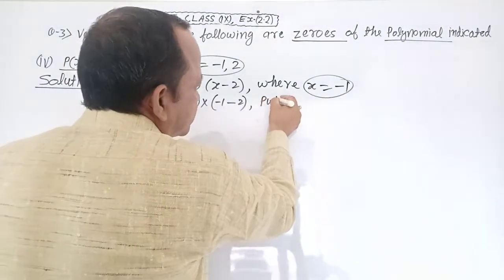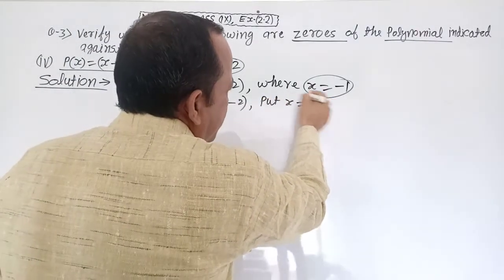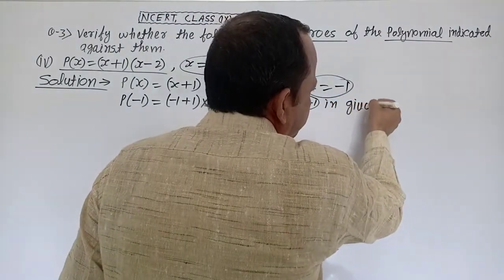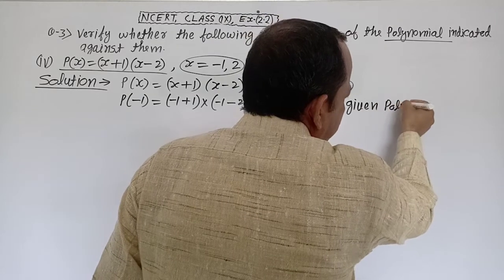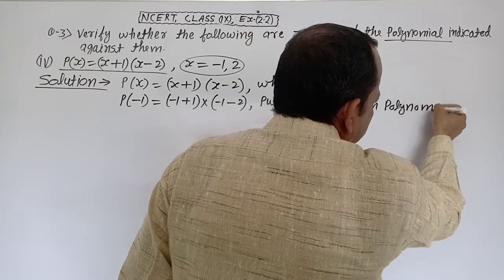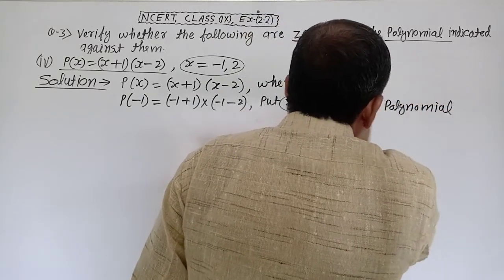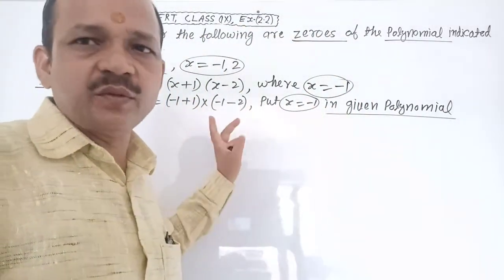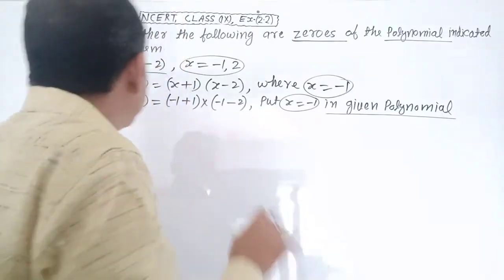Put x equals minus 1 in the given polynomial. Is it clear? No confusion about it? Very good.